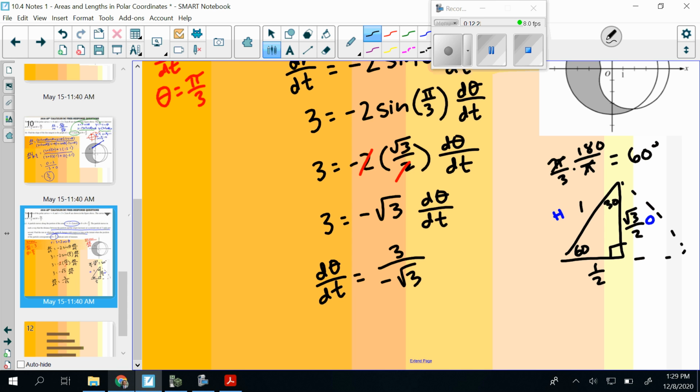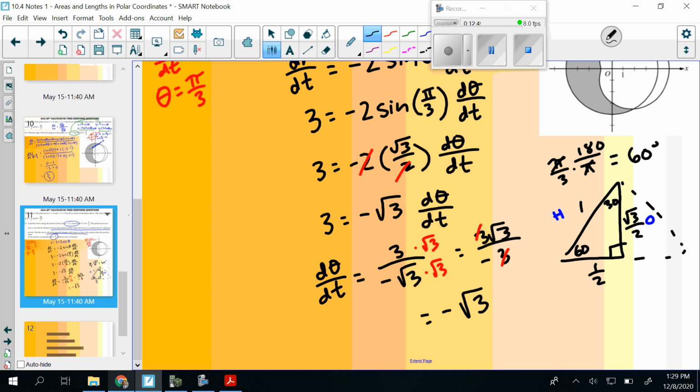That would work for an answer if you had it. You could also rationalize this if you multiply by square root of 3 over square root of 3. Square root of 3 times square root of 3 would just be 3, so these 3's cancel. A nicer way of writing it would then just be negative square root of 3.